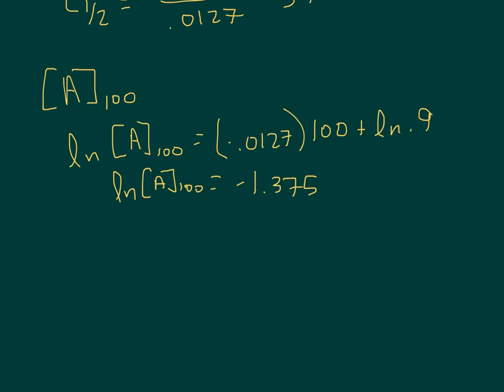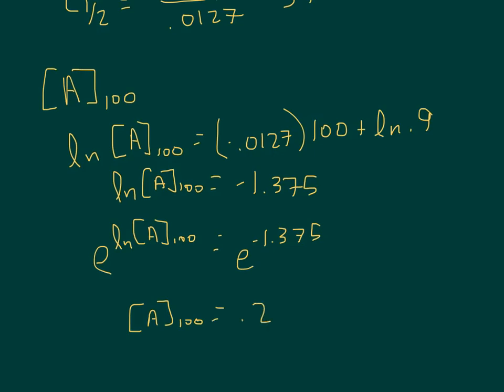And when I solve that, remember you can undo the natural log by doing e to the natural log of A at 100, which is e to the negative 1.375. And so we find that the concentration of A after 100 seconds have passed is 0.253 molar.